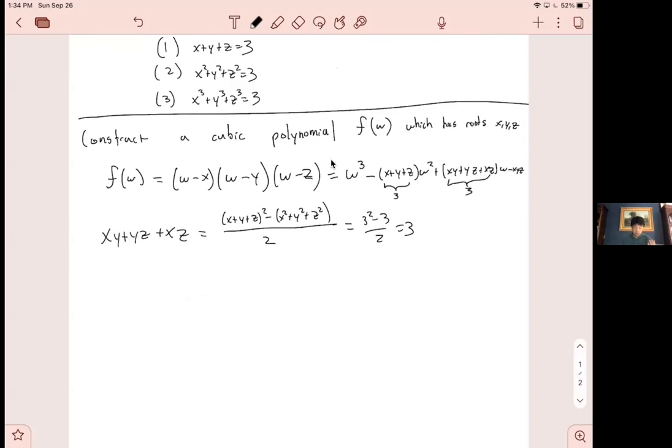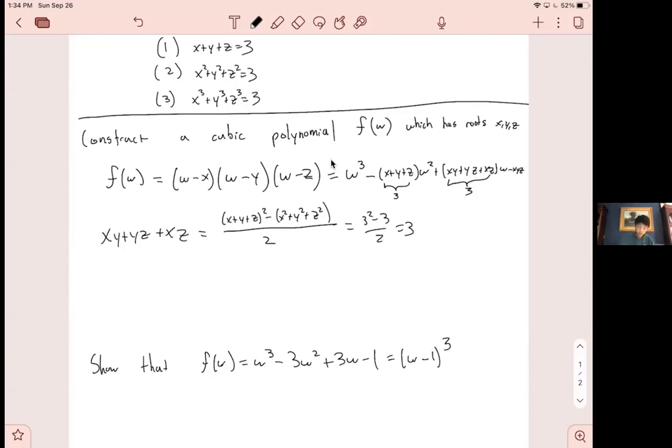And just as a little spoiler, we're going to show that f of w equals w cubed minus 3w squared plus 3w minus 1. And the only root that it has is 1, which means that x, y, and z will all be 1.